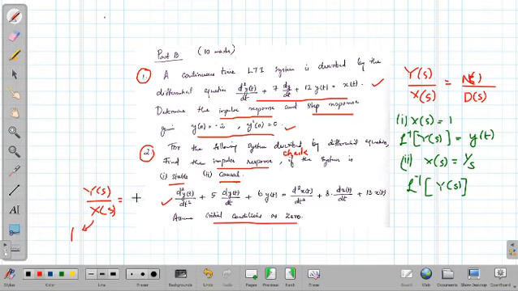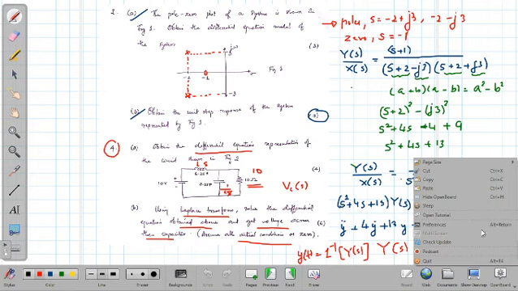If that is the case, then the system is causal. So here I think it is a causal system because the degree of the numerator is 2 and the degree of the denominator is 2, I think. So you can work this out and find the transfer function to check that.